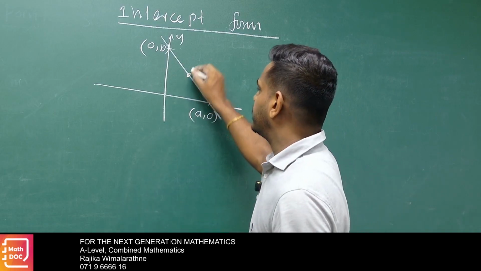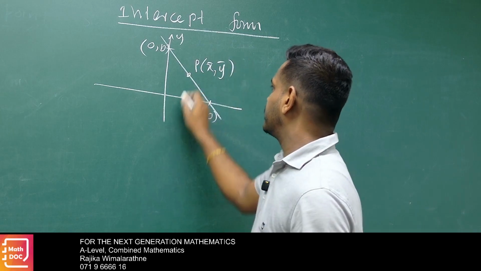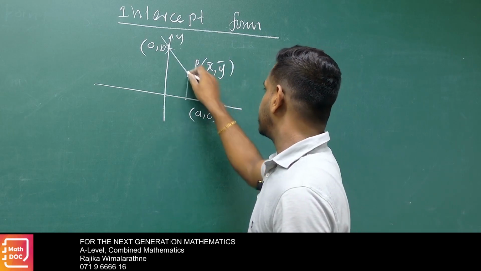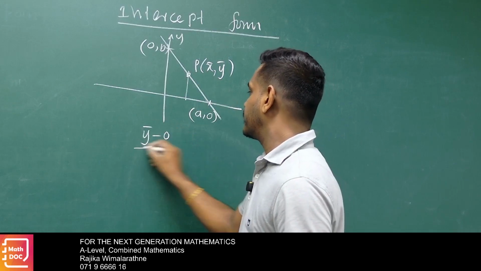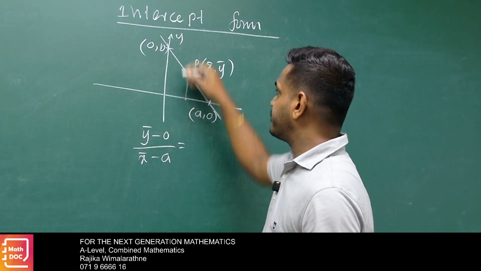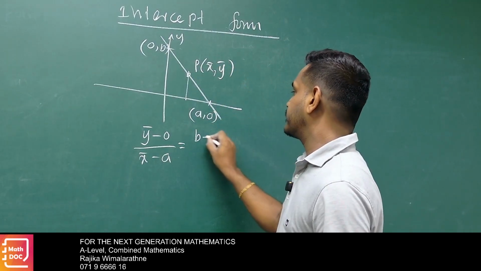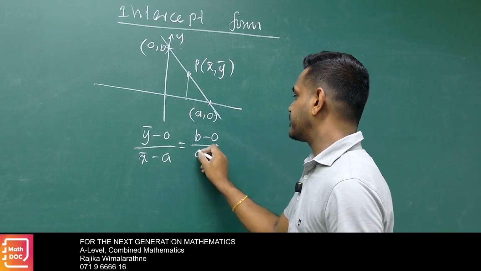Then you take point P here, x bar, y bar. Then write y bar minus 0 over x bar minus a equals b minus 0 over 0 minus a.